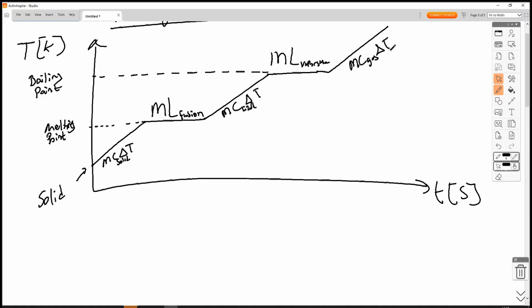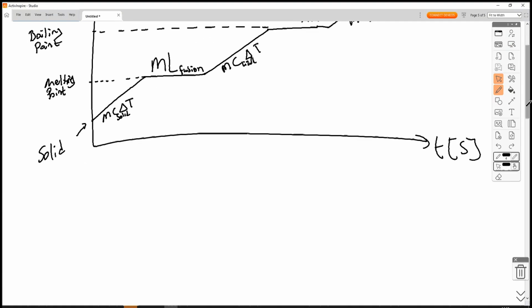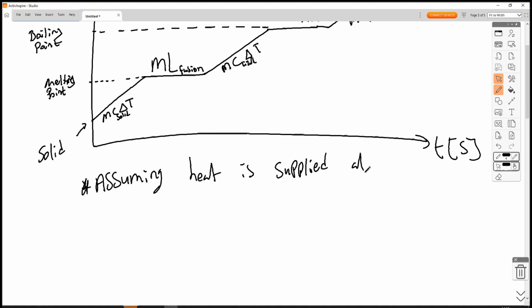It's going from a solid to a liquid, then liquid to a gas, because it takes higher temperatures to change to those states, not lower temperatures. So here, let's do assuming heat is supplied at constant rate. And that basically means that power is constant.